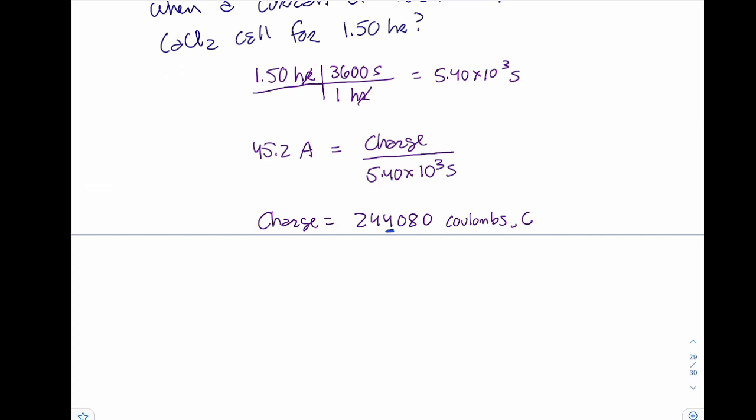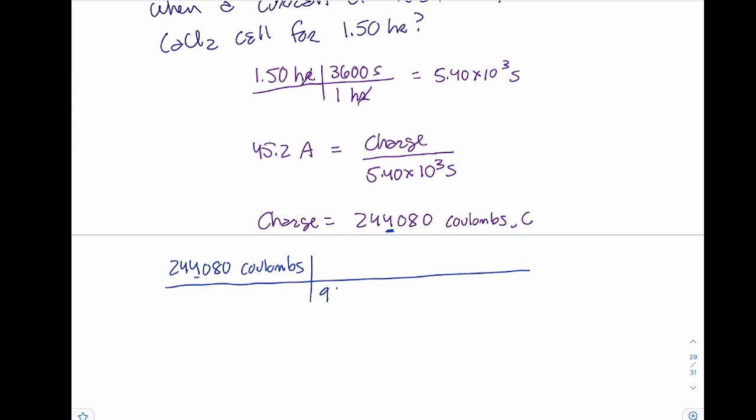I do want 3 significant digits in my answer. If you wanted to round after each step, that's perfectly fine. And you can just put a C, you don't have to write it out. I just don't want you to think that it stands for charge, so I'm going to write it out. Coulombs is the unit of charge, so my charge is 244,080 coulombs.